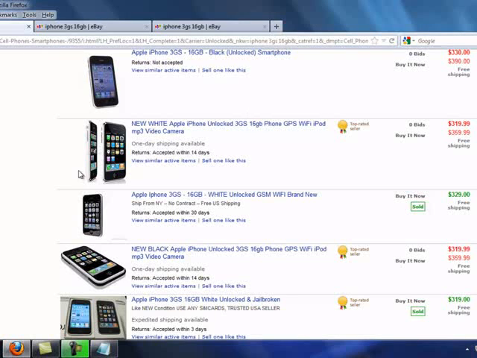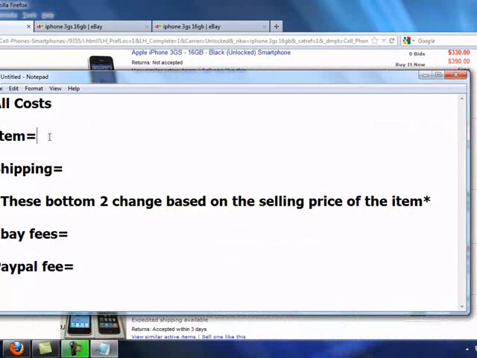That's how I do it. No tricks to it. So what I'm going to do here is go back to my little notepad and my item. Okay, that's based on the selling price.